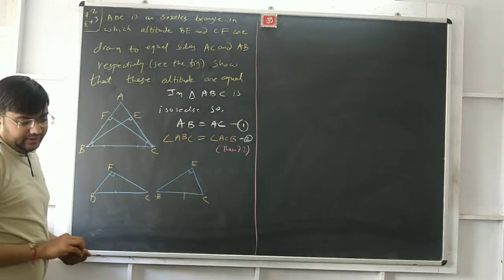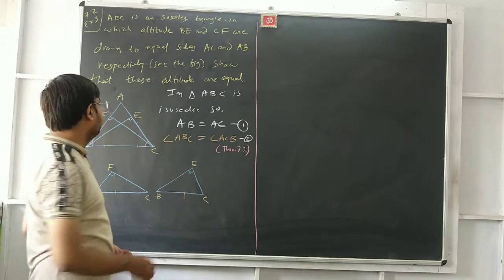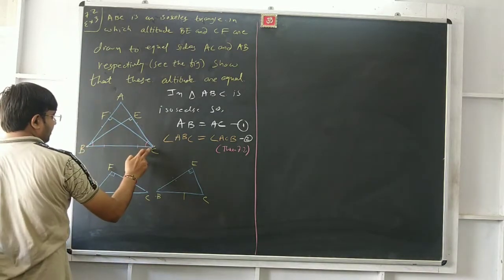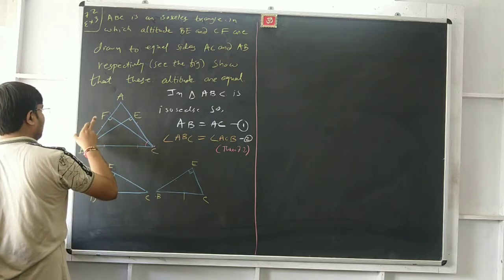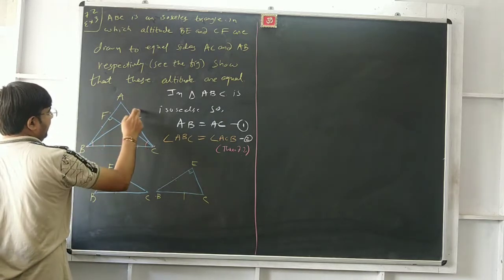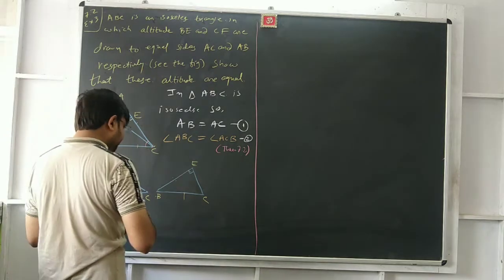Okay, and we know that if ABC and ACB are equal, then we can also write that FBC and ECB should be equal.